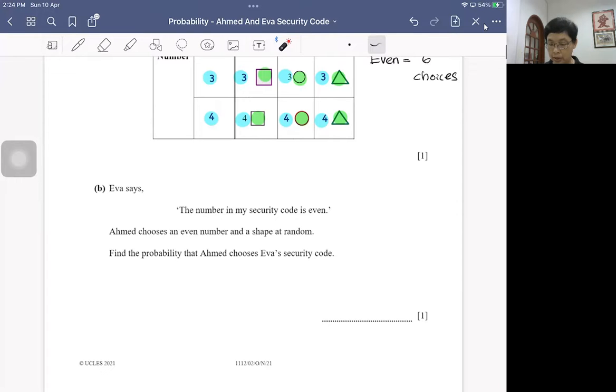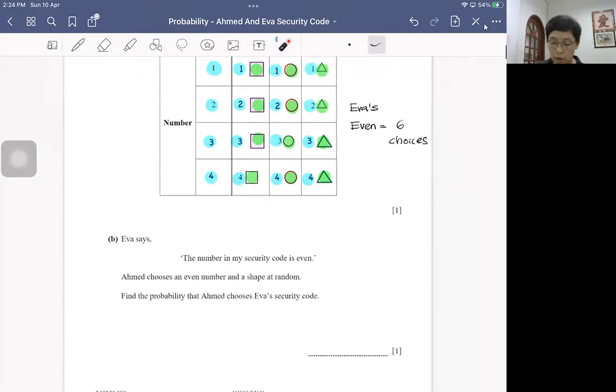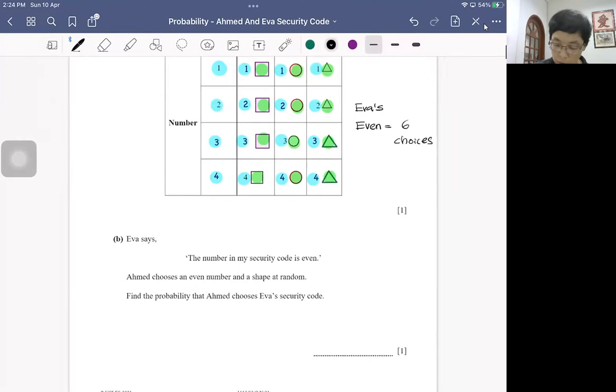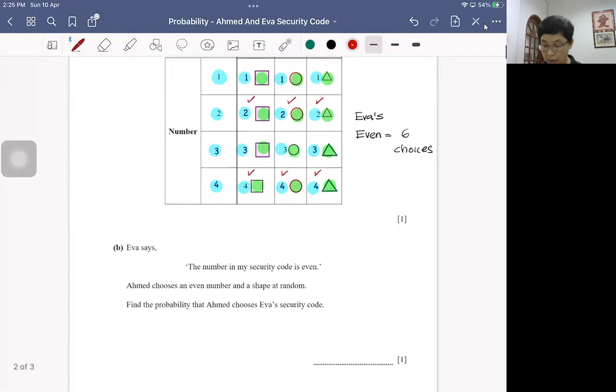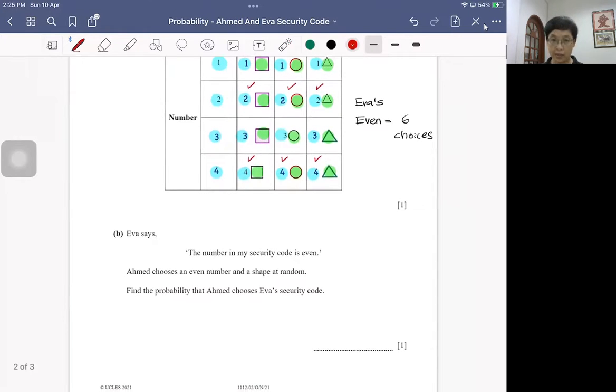What does that tell us? That means out of these, I'm going to put in a tick. 1, 2, 3, 4, 5, 6, which are the choices of Eva, and Ahmed happens to say that his security code is made up of an even number and a shape. That means Ahmed's number is 1 of Eva's.